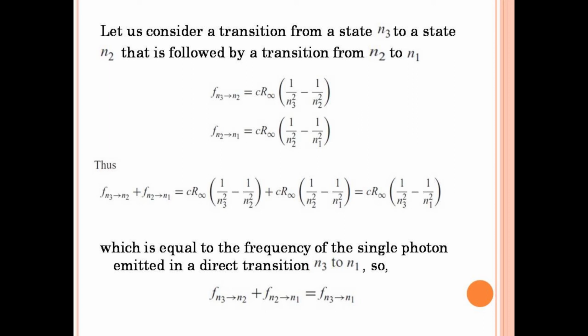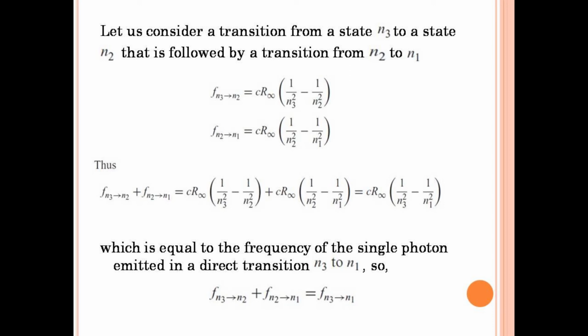Thus by summing up the frequencies, f(n3 to n2) plus f(n2 to n1) is equal to c R∞ into (1/n1^2 minus 1/n3^2), which is equal to the frequency of the single photon emitted in a direct transition from n3 to n1.